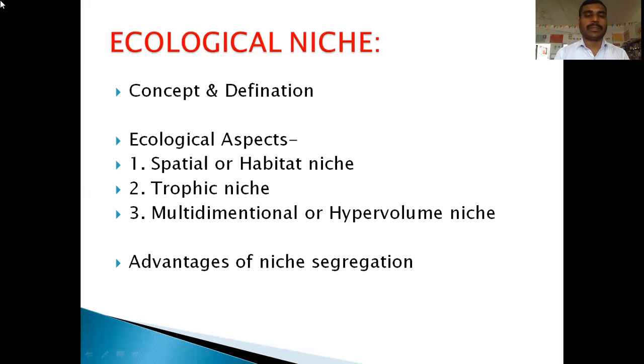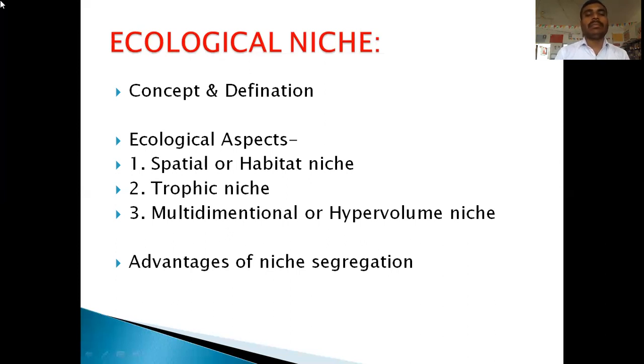trophic niche. Here, trophic niche includes the position or functional aspect of an organism in the biotic community or in that environment. As we studied in the example of giraffe and lion, they both live in the same area, suppose open grassland.